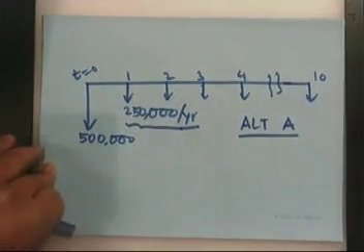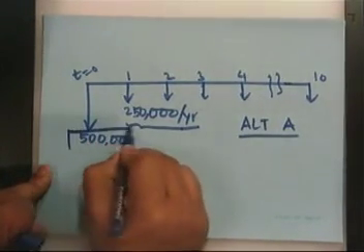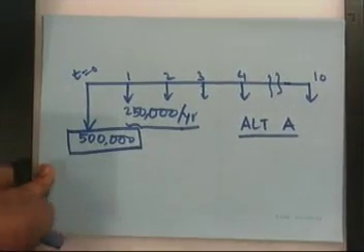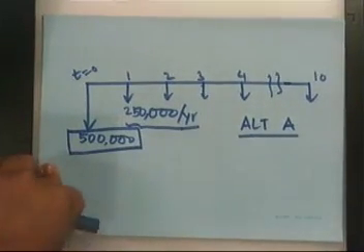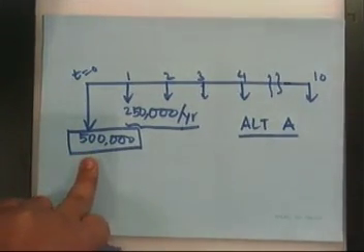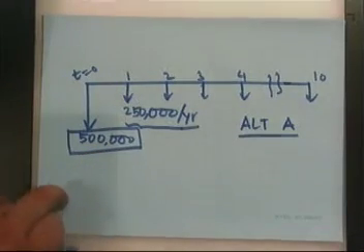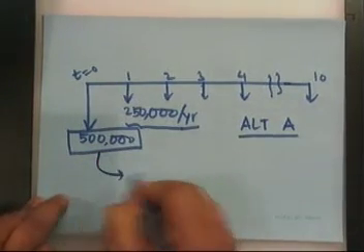The only thing that we need to annualize here is this value, 500,000, because this is the investment required at time t equal to 0. In the annualized cost method, I have to convert this single sum into its annual equivalent.